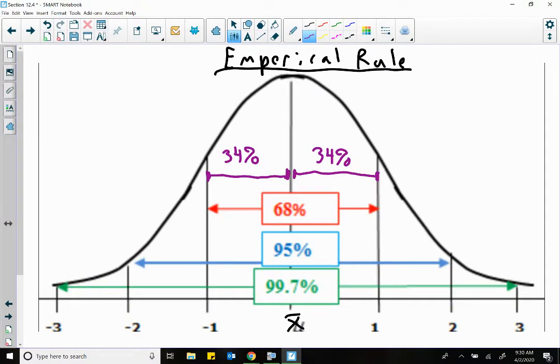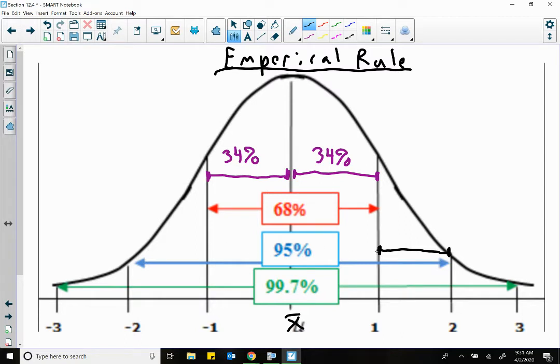All right, so now the next guy. Well, how much of my data is in here? Between there. Well, again, all of this data in here is 95%. But remember, we've already taken care of this much of my data in here.